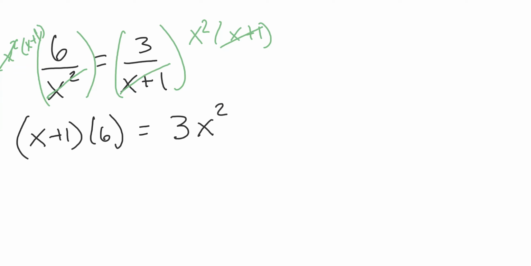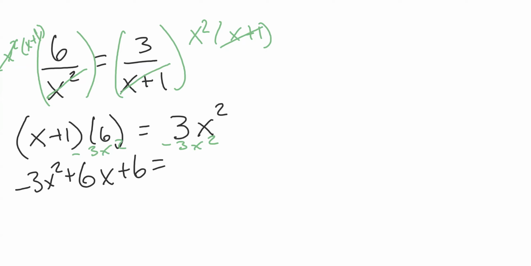So on the left-hand side, we've got 6x plus 6. And then I'm going to subtract 3x squared from both sides so that we end up with -3x squared plus 6x plus 6 equals 0.